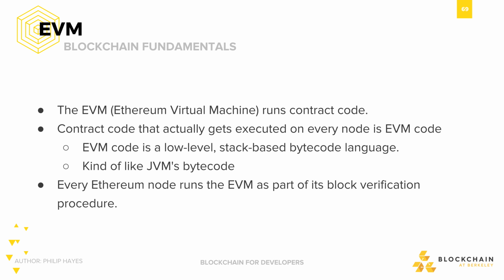So the EVM is basically responsible for running all the code on the network. You need a stack-based virtual machine to do so, like Bitcoin, and the EVM is that solution. This is a Turing-complete mechanism, and every Ethereum node will run the EVM as part of the block verification procedure.